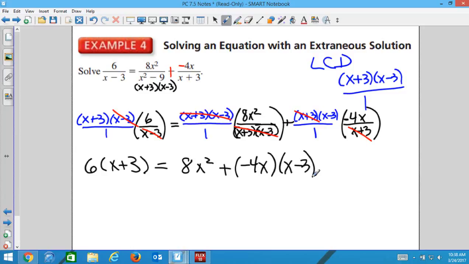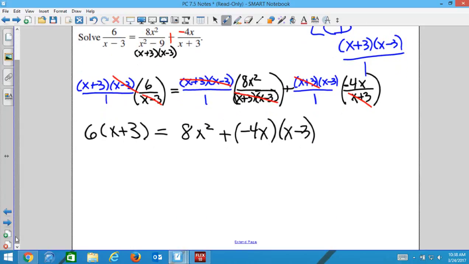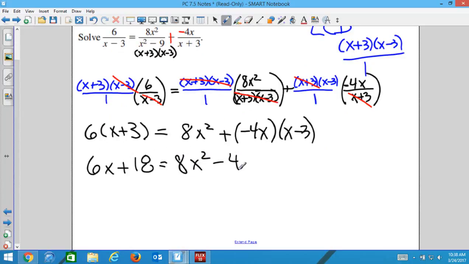People forget to distribute the minus sign. That's how you get it wrong, you make the silly mistake. 6x plus 18 equals 8x squared, and then here I have to distribute. So I get minus 4x squared, and then I get plus 12x. That's where the mistake is. If you wrote minus 12x, you would have it wrong.